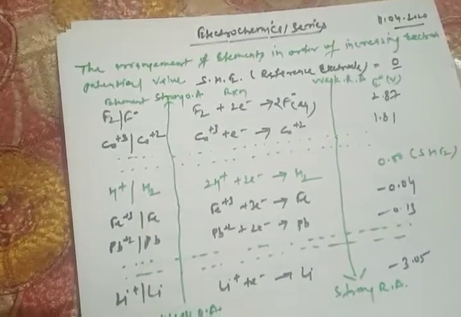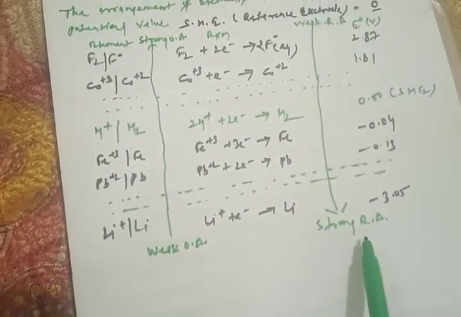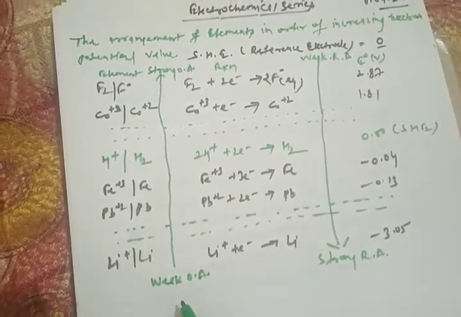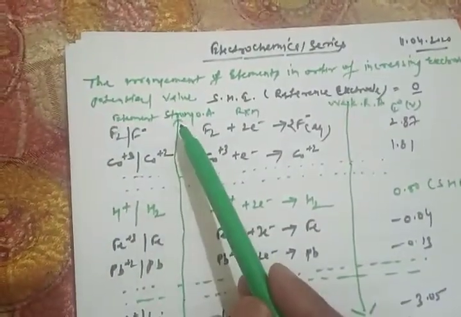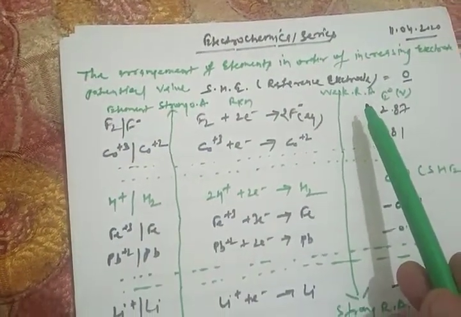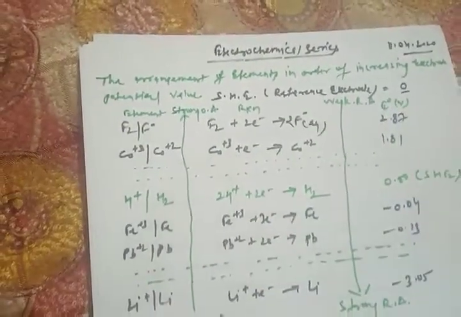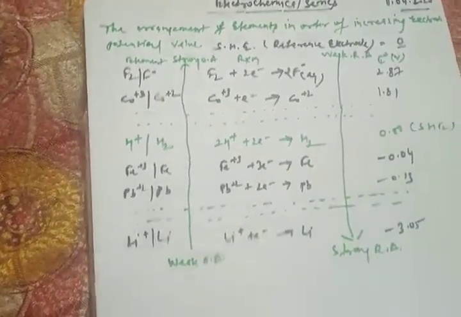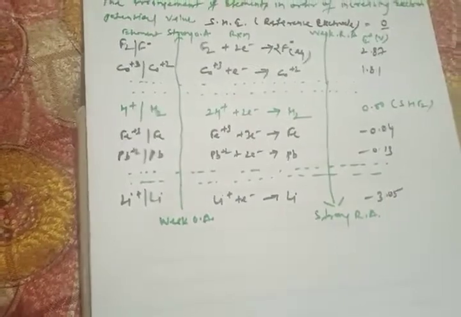So lithium is the strong reducing agent or weak oxidizing agent. Fluorine is a strong oxidizing agent and weak reducing agent. Got it? This series is very long actually. It is given in your book, you can check it.